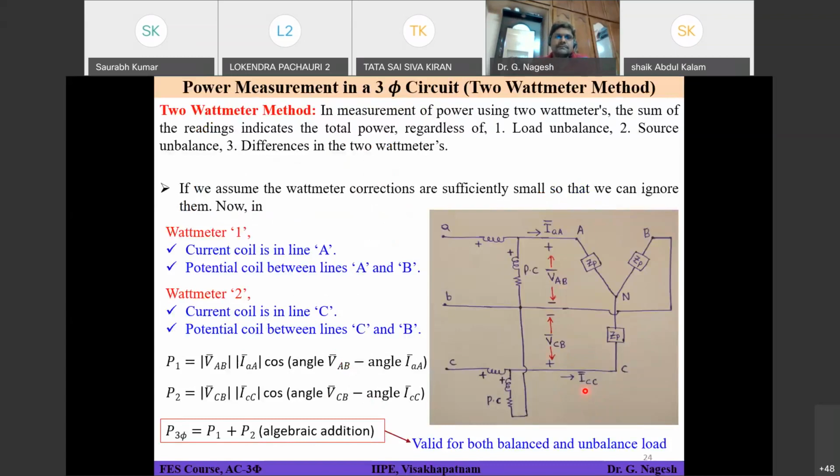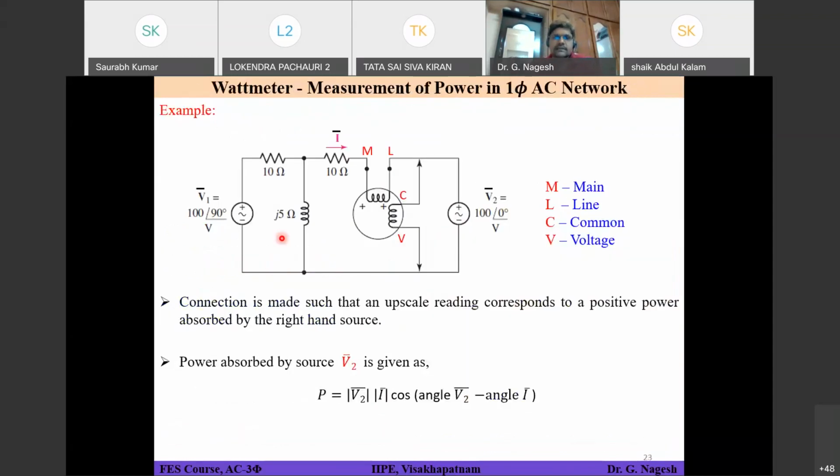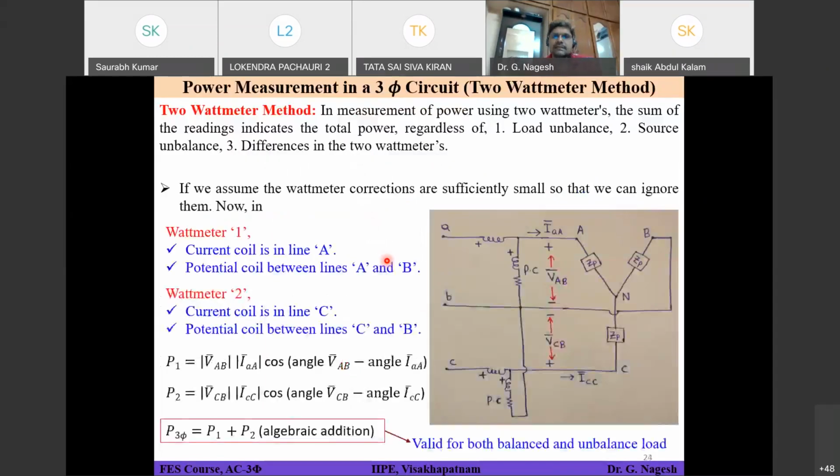Okay, let's see some more. So far you have seen only a single phase circuit and how to connect a wattmeter in a single phase circuit so that power will be recorded. So how to measure power in a 3-phase circuit? A 3-phase circuit will have 3 lines. So how to connect wattmeters?